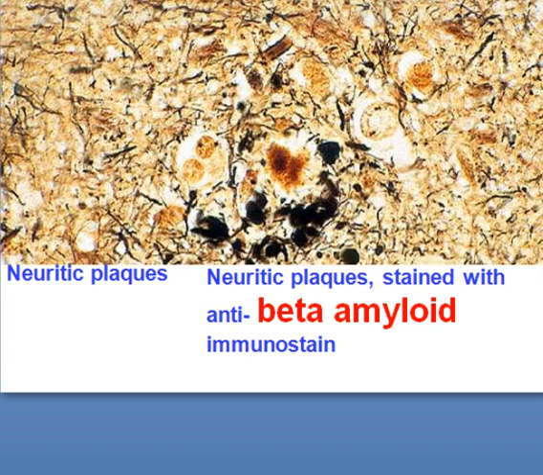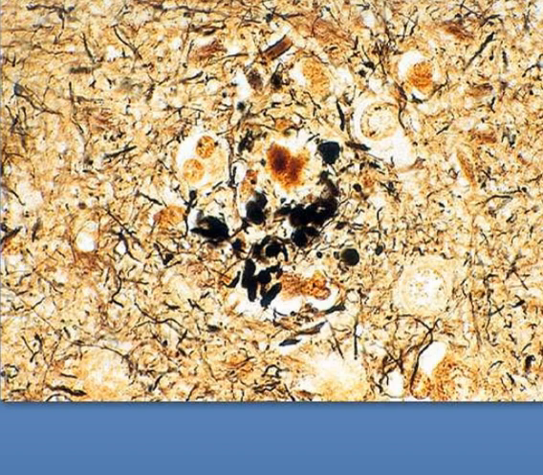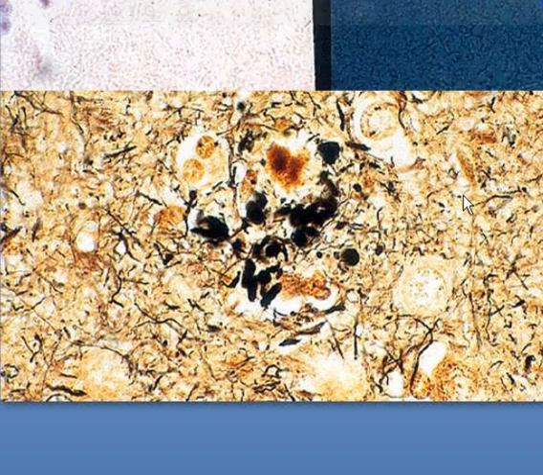And you know damn well, if you did a Congo red on this and you polarized it, it's going to give you that green birefringence. And as we've seen many times this course, apple green birefringence with polarized light is amyloid. It can't be anything else. Here's the Congo red stain before you polarize it.